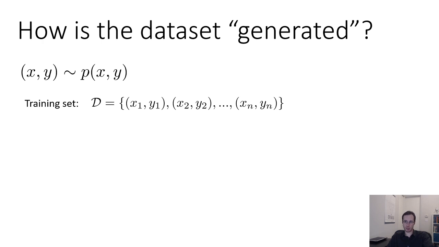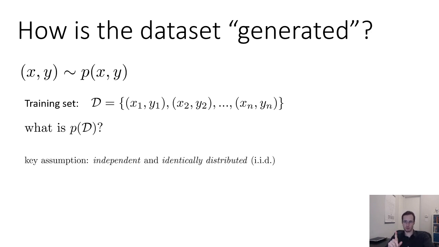Our training set consists of many tuples, x1, y1, x2, y2, up to xn, yn, and we're going to assume that those tuples are generated according to the distribution P of x comma y. So to make this a little more formal, what is the probability of seeing a particular training set? Well, we need to make a very important assumption about how different data points relate to one another.